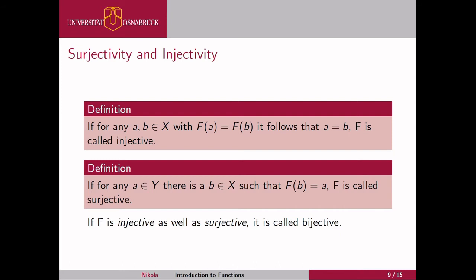So the formal definition is the following. Assume you have 2 elements in your domain, a and b, and their functional values are the same. Now, if for any a and b, where this is true, it follows that a has to be equal to b, then f is called injective.